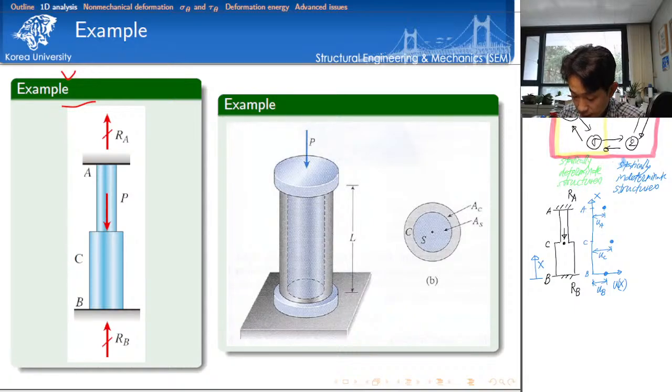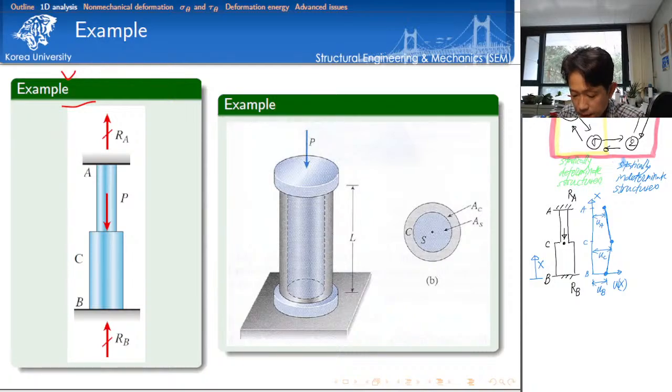Because of the argument for prismatic bars with the same elastic modulus, we can draw a straight line to measure the strain.